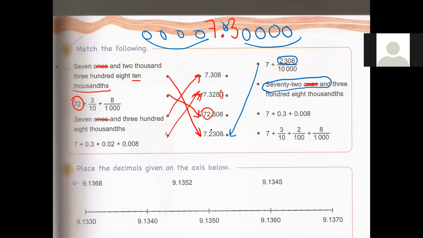In which one is the whole part 72? In the first, second, third, which one? The third. Okay, so you have to pay attention to the whole part. 72 is the whole part. Miss, I thought that we were doing it from the other side. Yes. Okay, that's why. Okay, Jude.